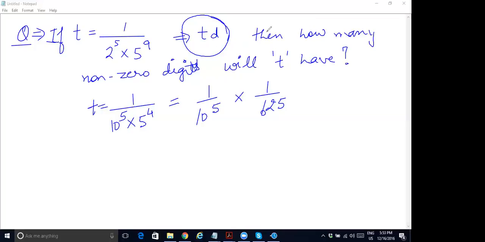The 10 to the power of 5 will keep giving zeros. Yes, correct. 10 to the power anything, whether we multiply or divide, will not change a thing. It will just move the decimal place to the left or right. So it's all about 625.